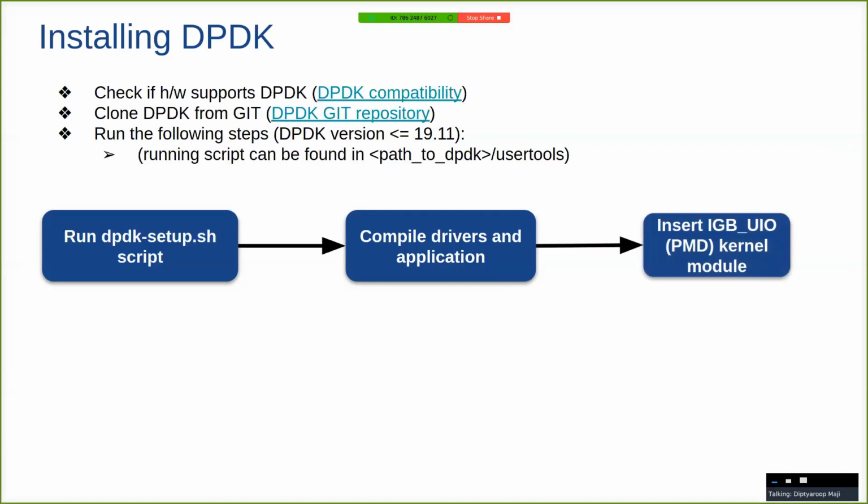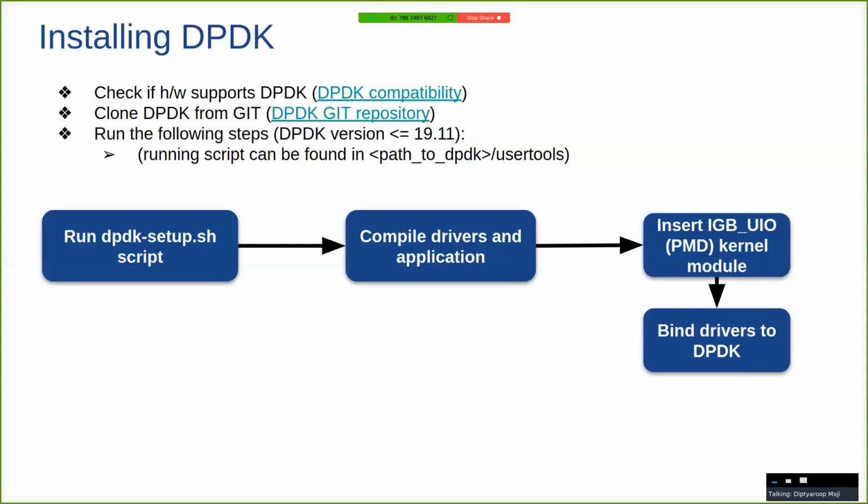Once the compilation is done, then we'll insert this IGB UIO kernel module, which is actually the poll mode driver. Then we'll bind our interfaces, the NIC interfaces, to DPDK. Note that once we bind our NIC interfaces to DPDK, we cannot see them normally.